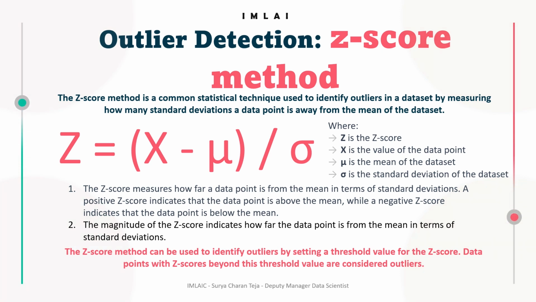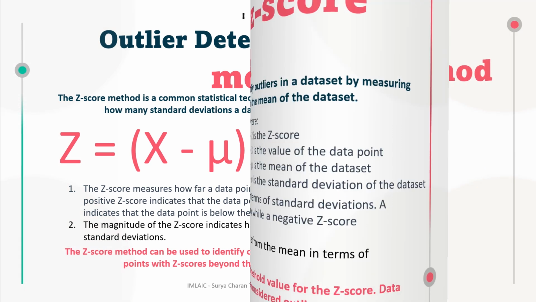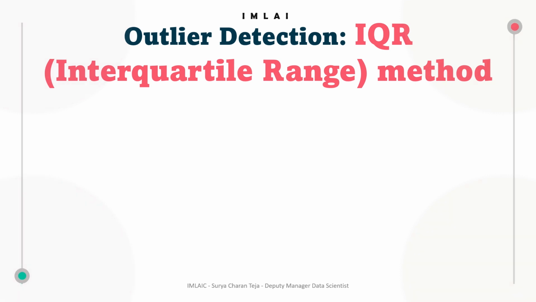Now let's look into the second technique in outlier detection, that is the IQR, interquartile range method. IQR is a statistical measure used for outlier detection in a data set.